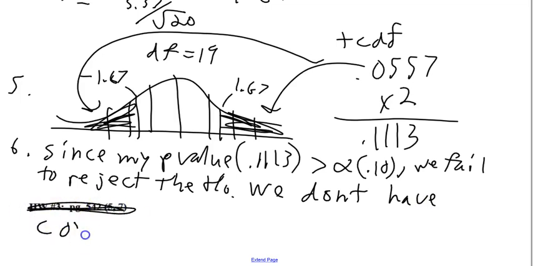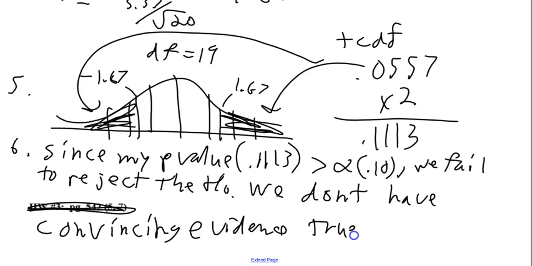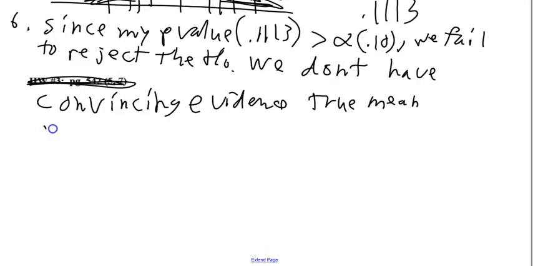We don't have convincing evidence the true mean vertical jump is not 15. That's it.